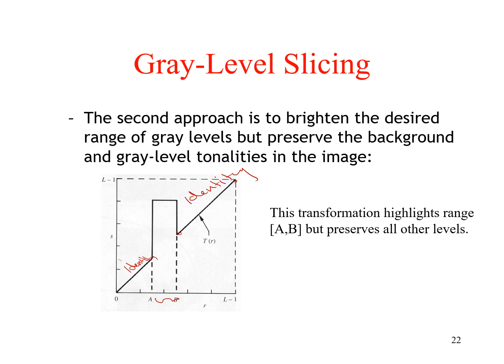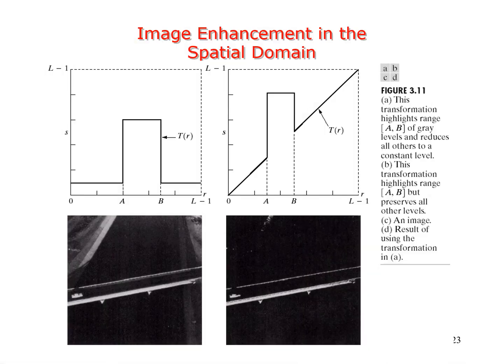So you will get only the objects lying in between A and B highlighted, because we are boosting the values for them. Rest everything will be the same as the input original image. So this is without background, and this is with background.